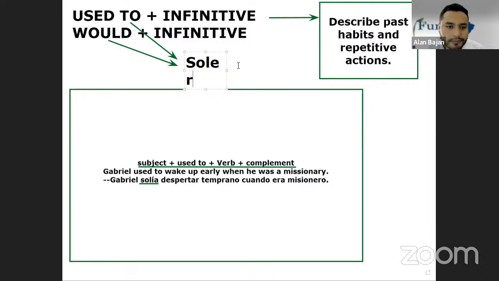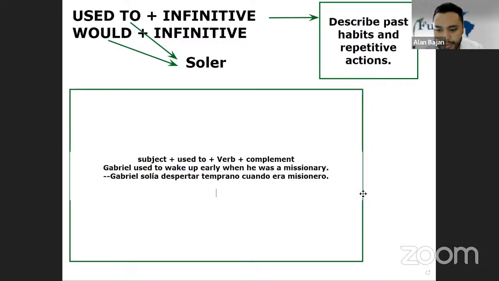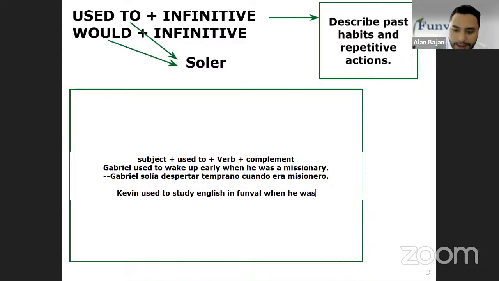Let's see another example. Kevin used to study English in Fumbal when he was single.